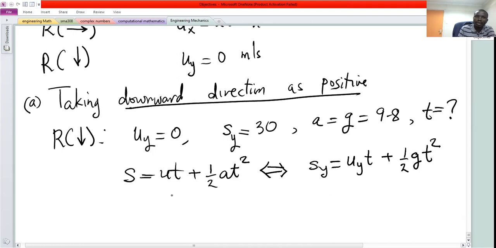Now, put in the values we have. SY, we put 30. UY, we put 0 times t, plus a half, g is always 9.8, times t squared.